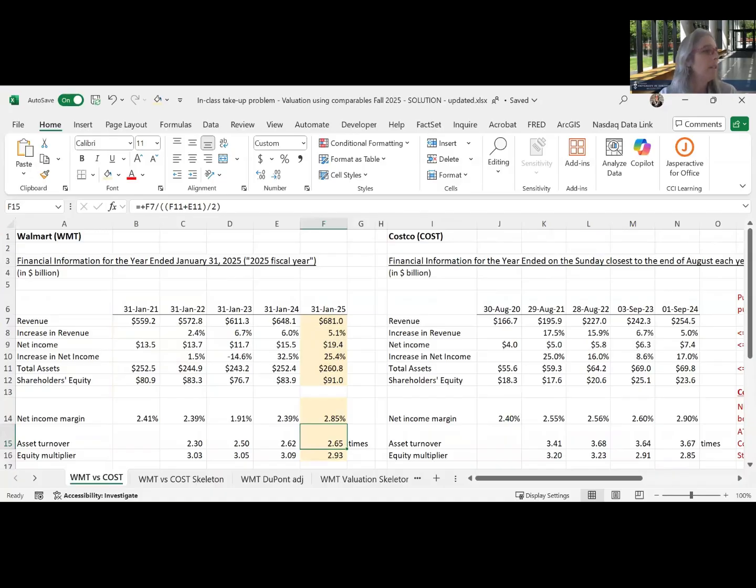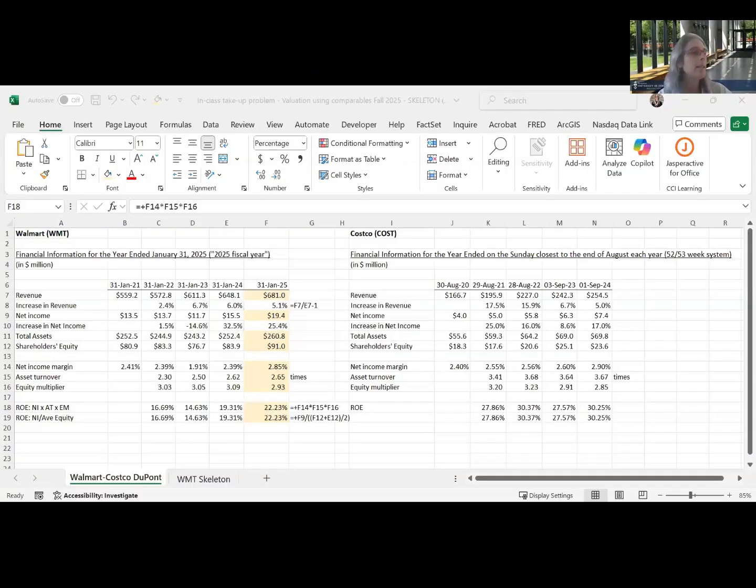Okay, so go back into my other spreadsheet. This is the kind of thing that analysts do when they are building forecast models for companies, for shares that they analyze.